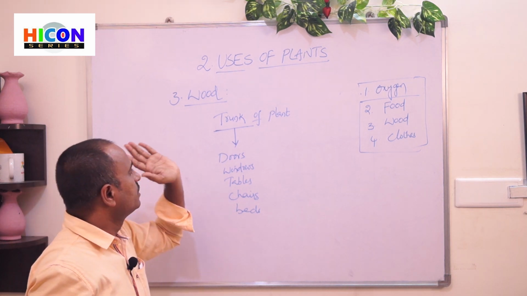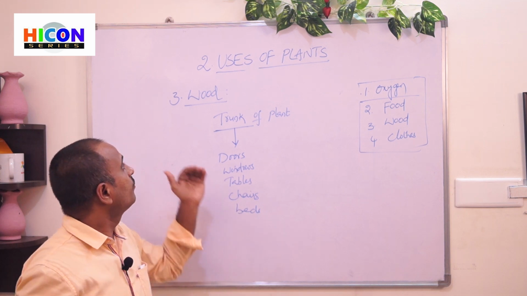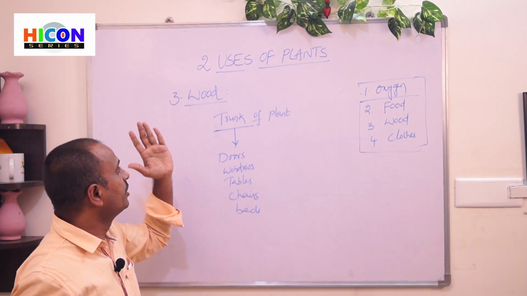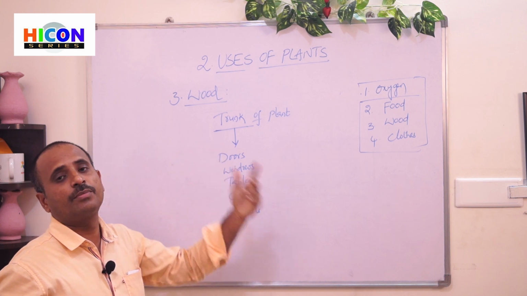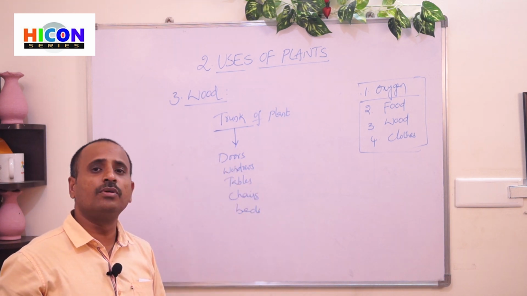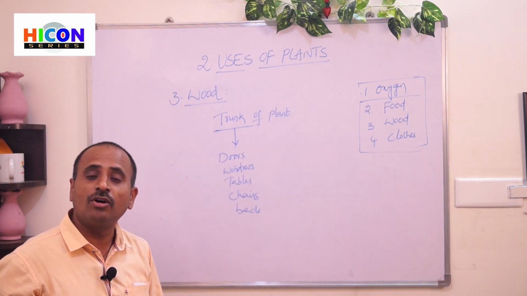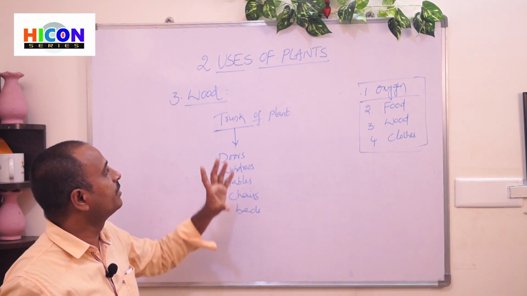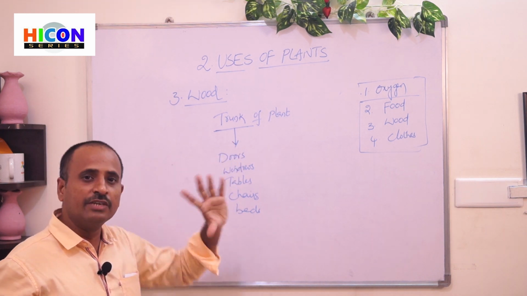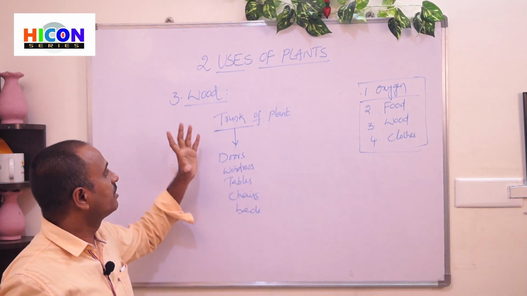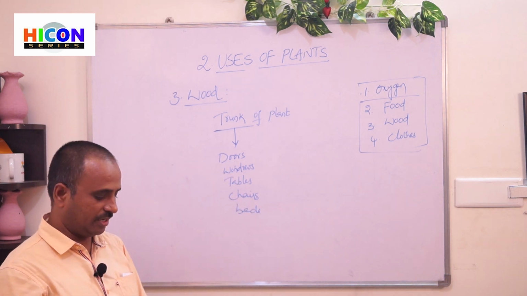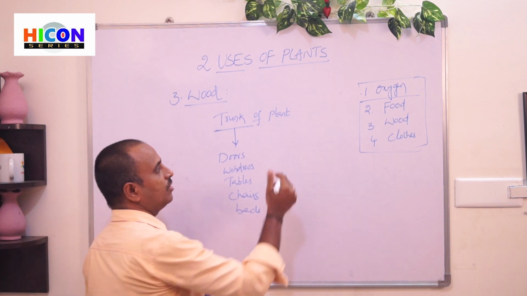So trees are giving wood and also shelter for some people. Some poor people will build their houses with parts of the plant, that means with some leaves and some trunks of the plant. Those houses are called huts.